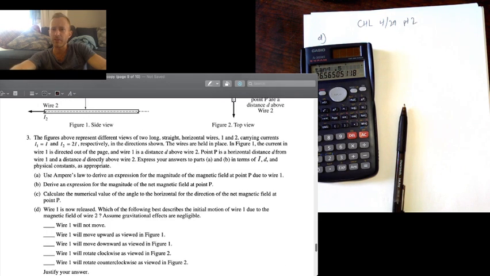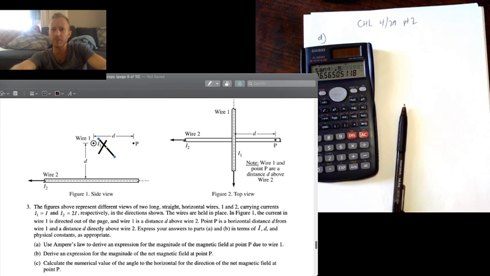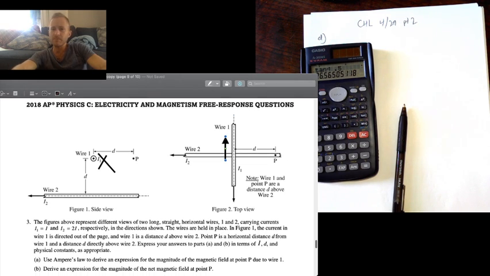Actually, this picture is the best one for this. So wire 2 is creating a magnetic field that points like this.